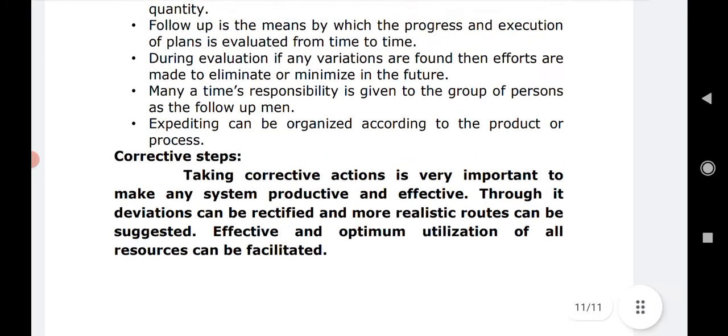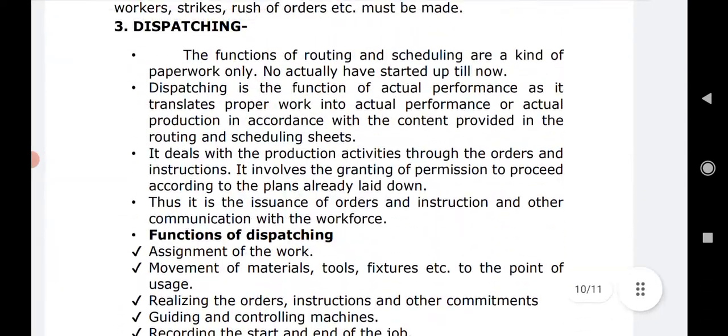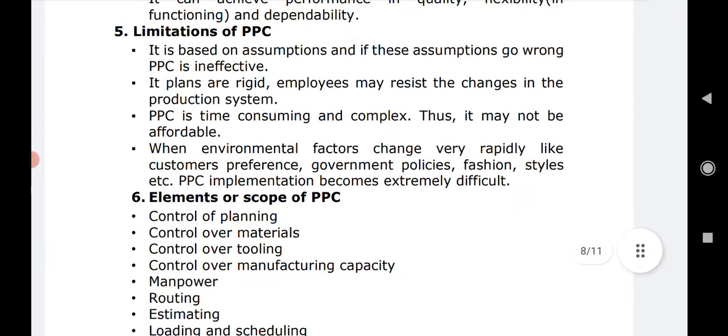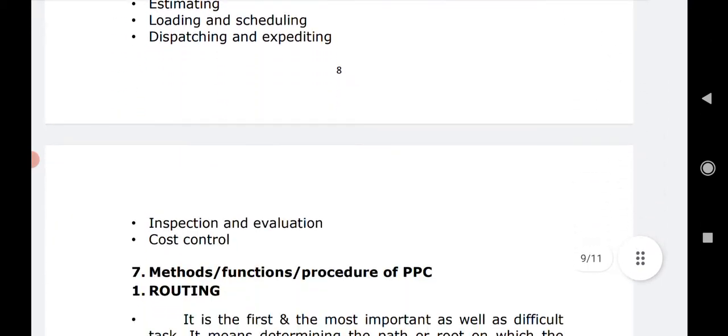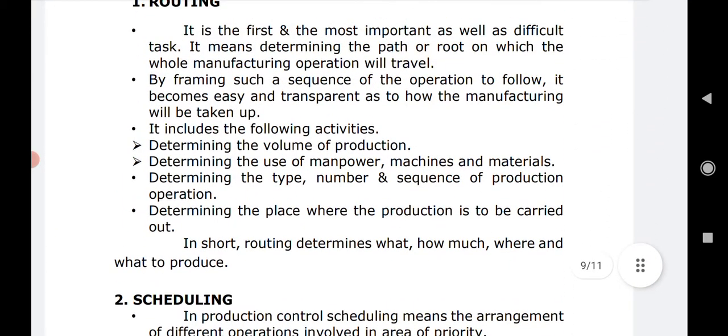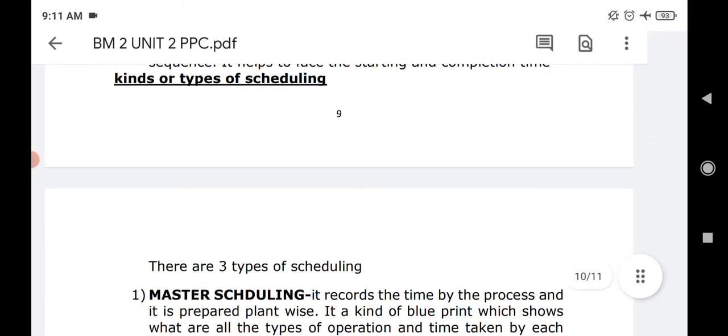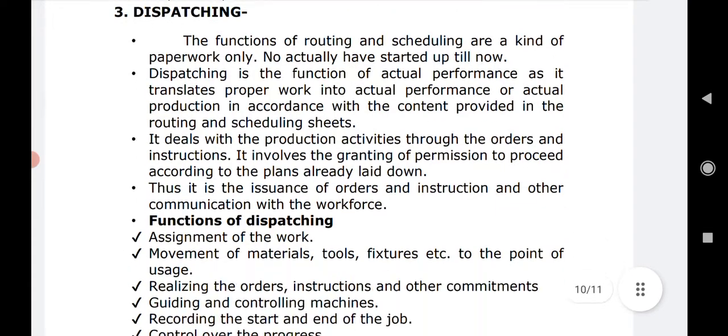PPC. So when we are talking about the process of PPC, as discussed, there are 4 elements, 4 functions, or we can even call them the 4 procedures, starting with routing, scheduling, dispatching the orders, and making the follow-ups.